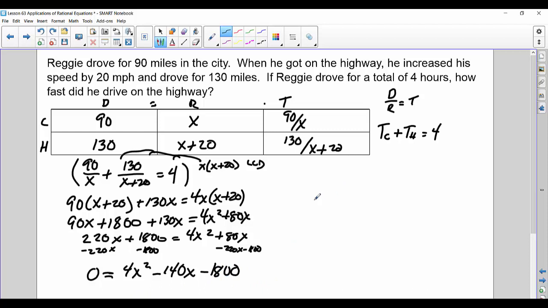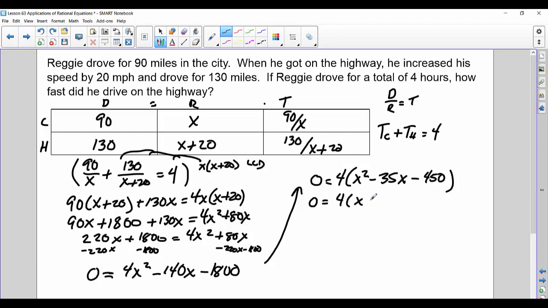I think 4 goes into all these. I'm going to bring this over here, and I'll pull out a GCF of 4. Get x squared minus 35x minus 450, which is going to actually factor pretty easily. We get 0 equals 4 times x minus 45 and x plus 10.